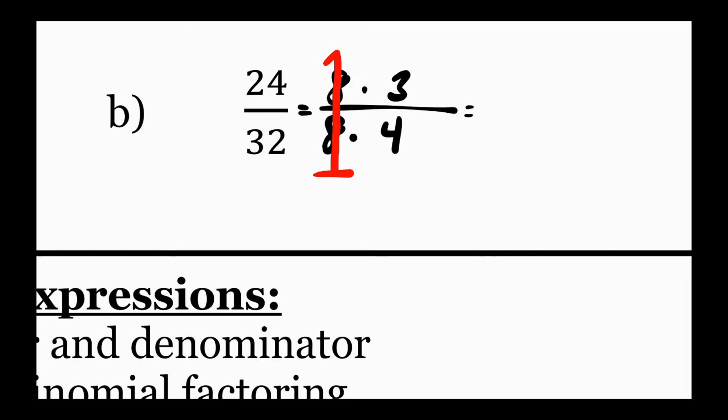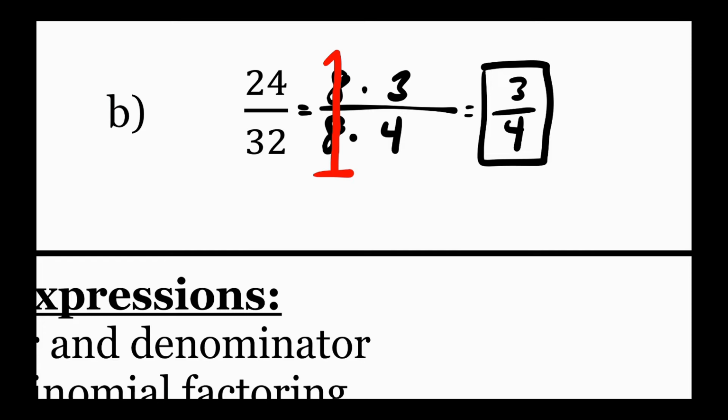So whatever's left over, 3/4. Is there anything left? Is there anything that 3/4 has that I can divide them both by? Does 3/4 have a GCF? Nope. So that means I'm done. Okay. That's all we're doing today.